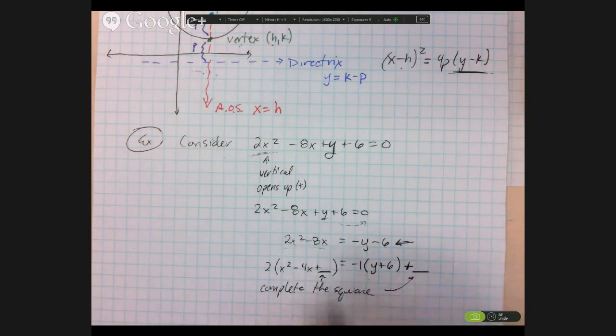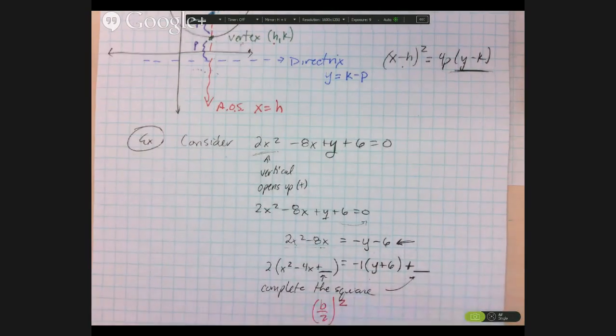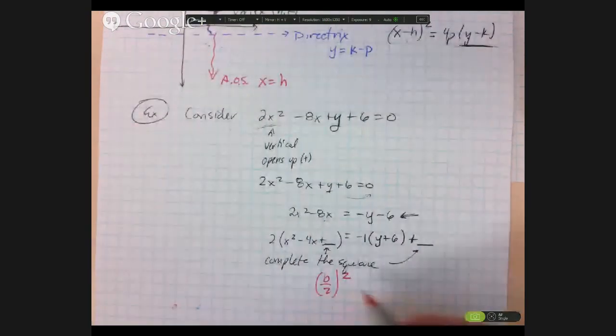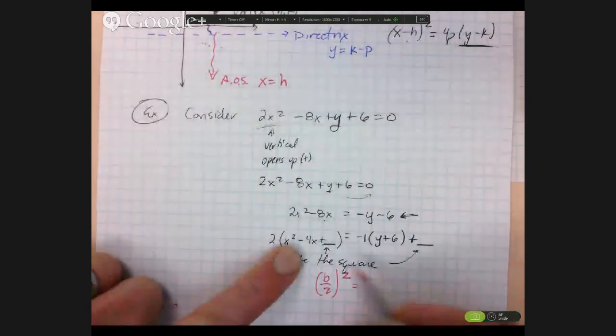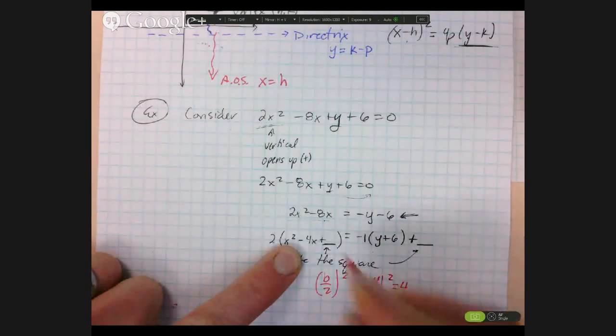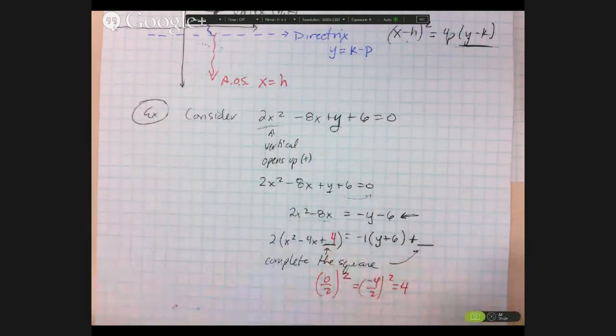Do you remember how to do that? Okay, b over 2 squared, which is, what do I put here?